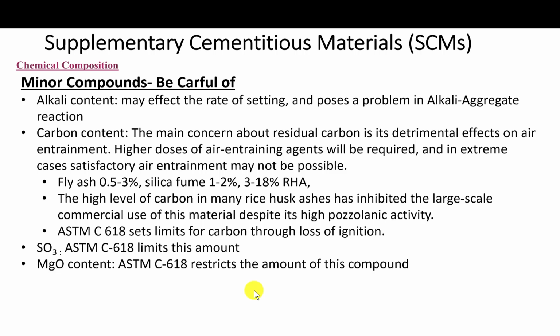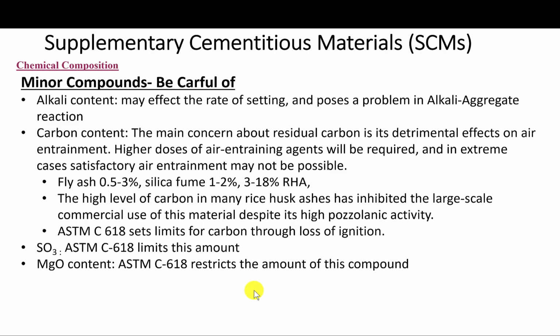If pozzolans are to be used to mitigate the alkali-aggregate reactions, the alkali content should be determined so that its contribution to the total alkalis of the concrete can be calculated. You get the mill certificate for whatever pozzolan is being used in order to make sure it does not add harmful material to your concrete mix.